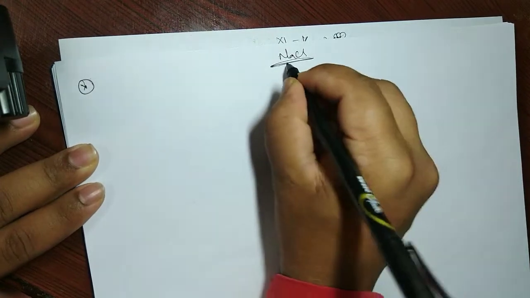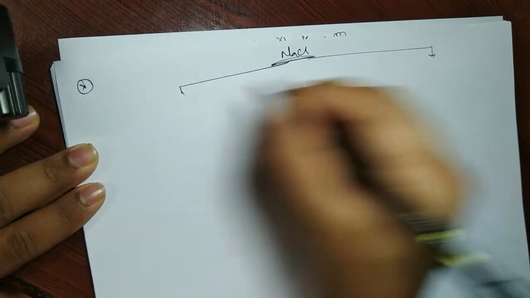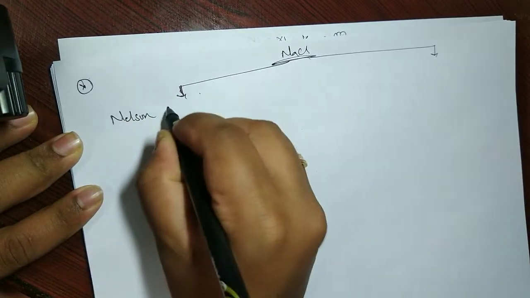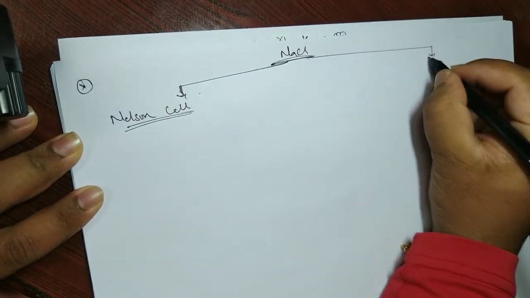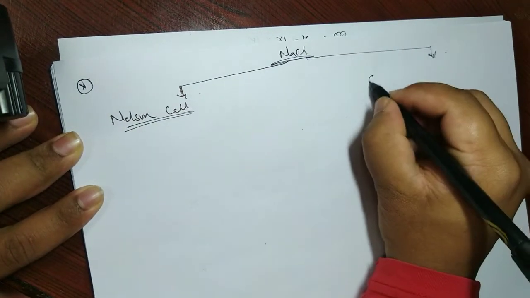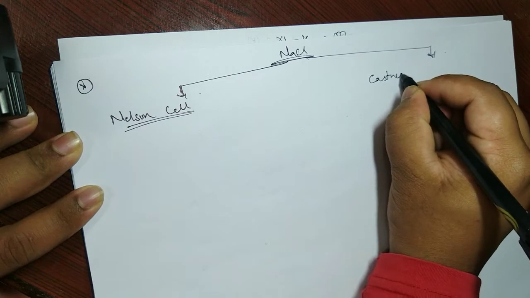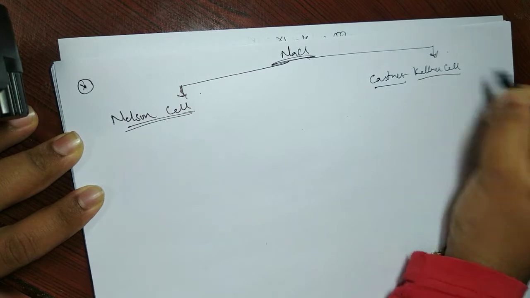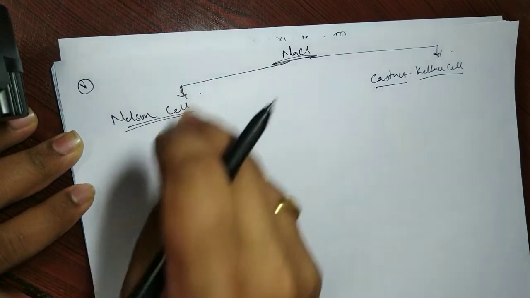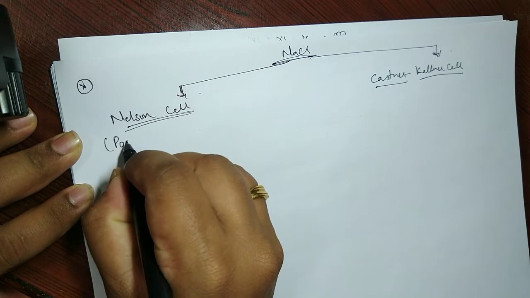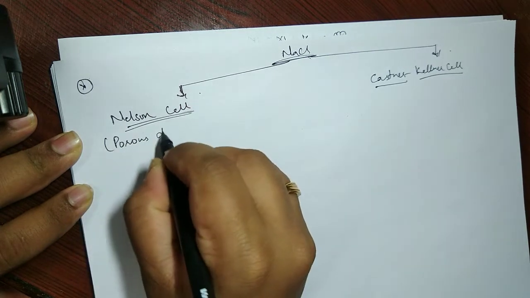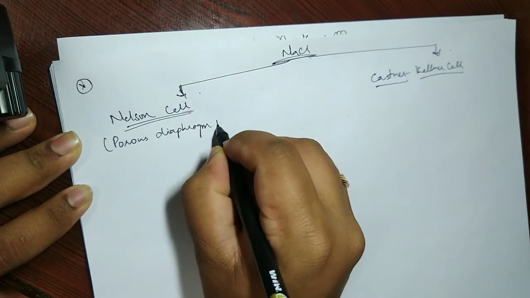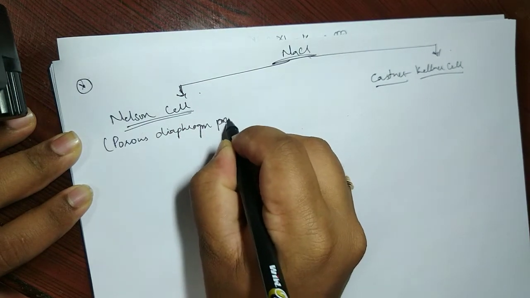So from NaCl, two methods. One is the Nelson cell, and the other one is the Kastner-Kellner cell. The Nelson cell is also called the porous diaphragm method or porous diaphragm process.